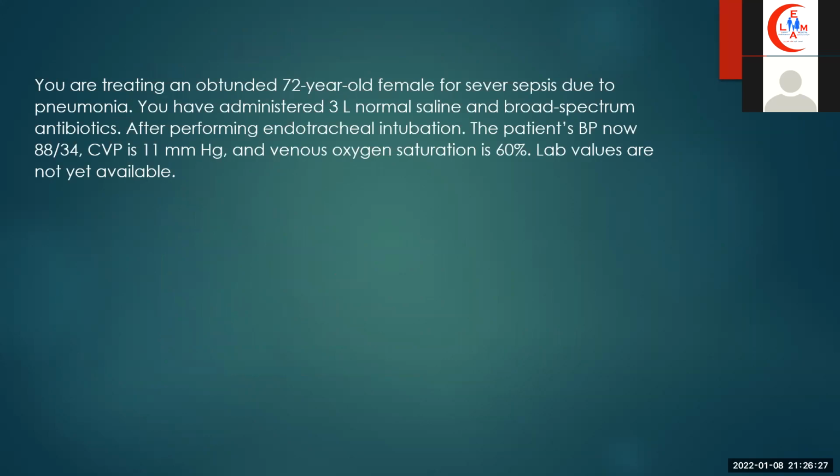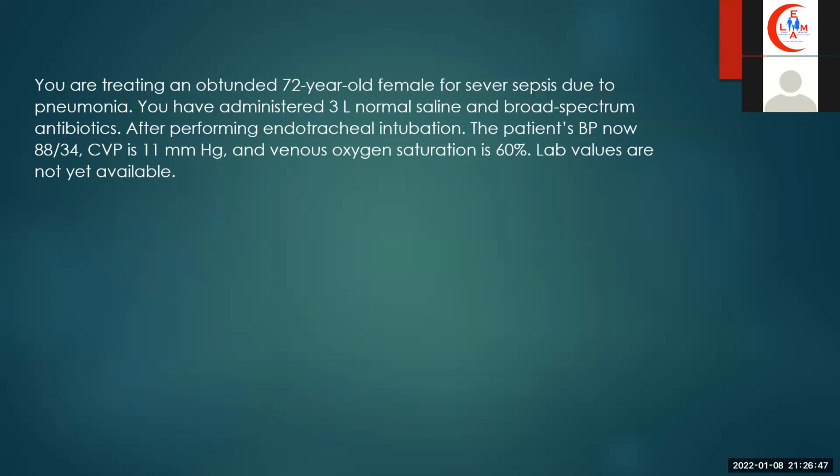So next question, Dr. Mohammed. Okay. You are treating an obtunded 72-year-old female for severe sepsis due to pneumonia. You have administered 3 liters of normal saline and broad spectrum antibiotic.